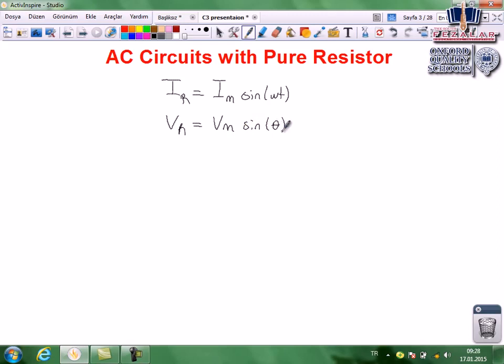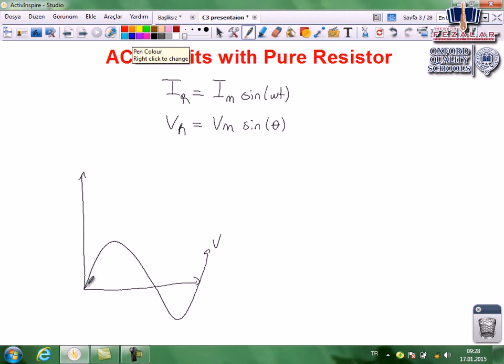When we draw sine curves of voltage and current, we will see that this is voltage, for example the black one, and let's say the blue one is the current, drawn like that. As you see in the graph, when voltage reaches positive maximum value, current reaches positive maximum value.